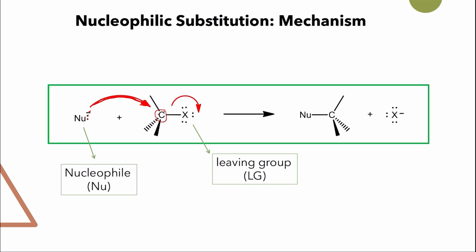As it leaves, the bond between the carbon and the halide breaks, and as you can see, the arrow now goes from the bond towards the halide. And this is the new product, the substitution product, where the halide has left and has been substituted with the nucleophile. This is why this is called a nucleophilic substitution reaction.